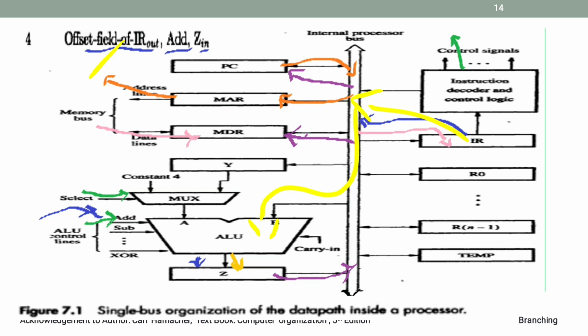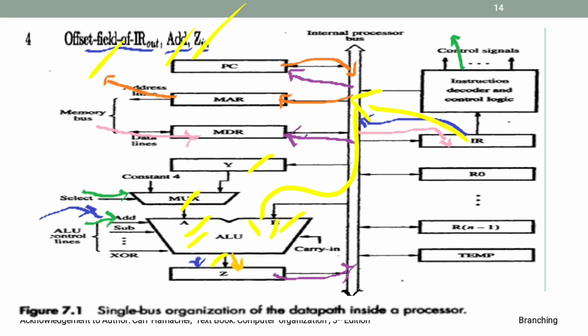Naturally it will be available without gating as B input to ALU. Add. So add means what was here? 2004 was here. So through MUX it will be available at A input. Then add means 2004 and 46 are added. So 2050, that is the target address, will be available at the output of ALU.